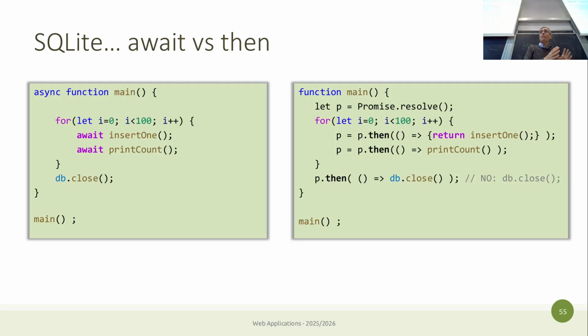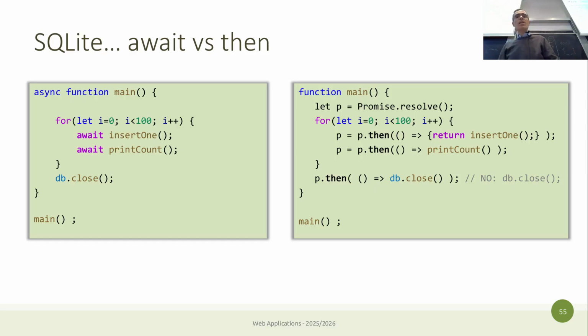Actually, on the left side, you have promises as well. You just don't attach anything to the fulfilled promise, because it's the JavaScript interpreter that automatically knows that you don't care about the value of the fulfilled promise, and it goes on and executes the next instruction.